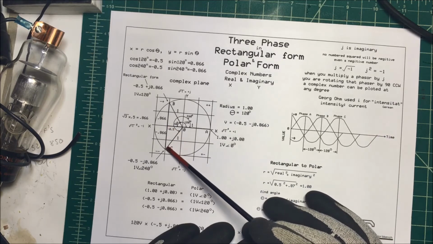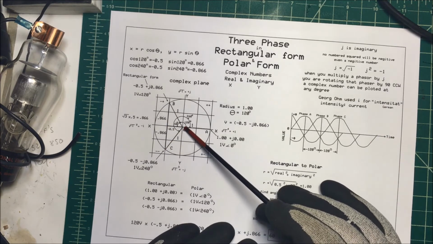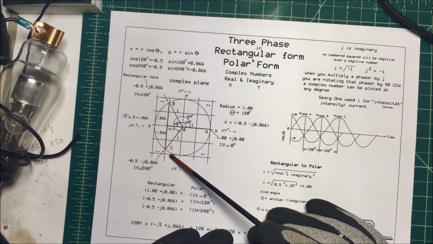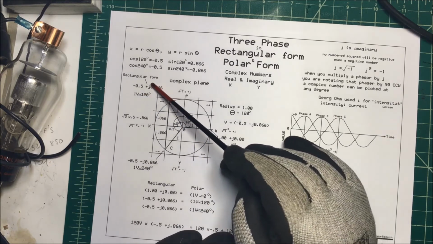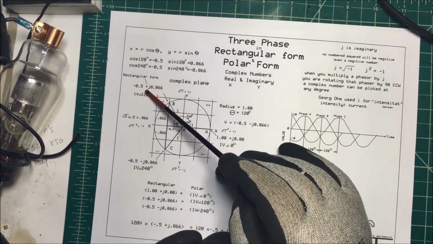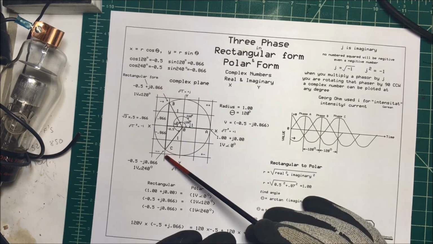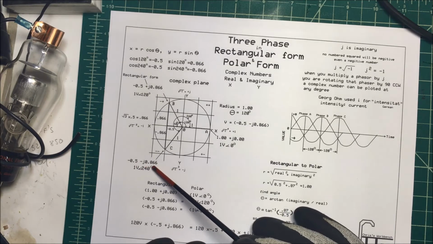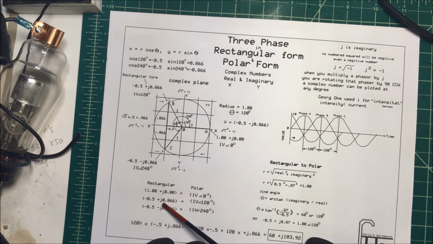And that's coming down this way here. So we drop down this way, so our hypotenuse here is still going to be 1, okay? So this point here, B phase, is denoted with minus 0.5 plus j0.866, and C phase is minus 0.5 minus j0.866, okay? So here they are over here.